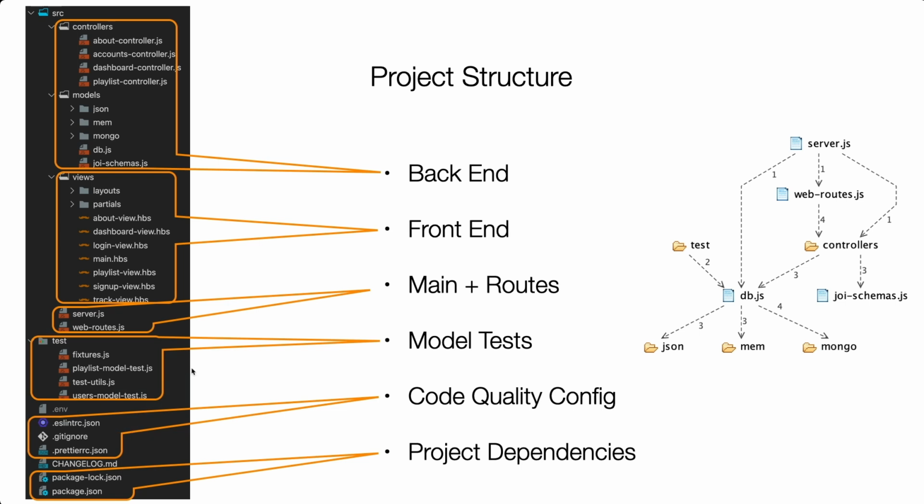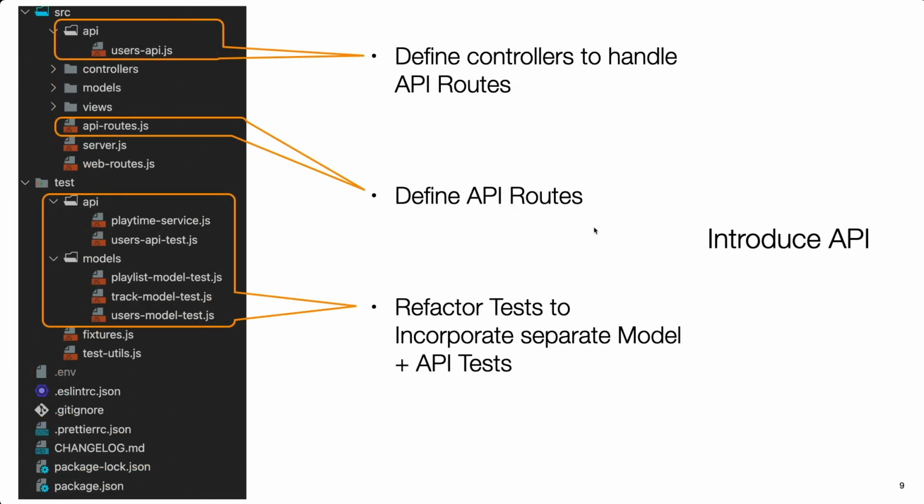So how do we bring in an API into this? Well, we're going to start here with the project structure and bring in a new folder. That new folder will be a new controller, if you like, that is going to be giving us routes and controllers associated with the API itself.